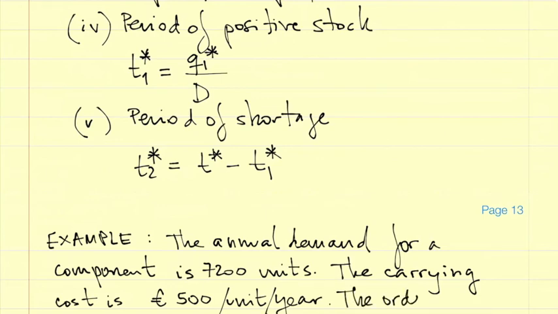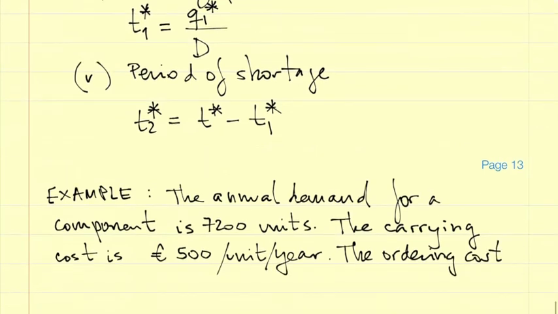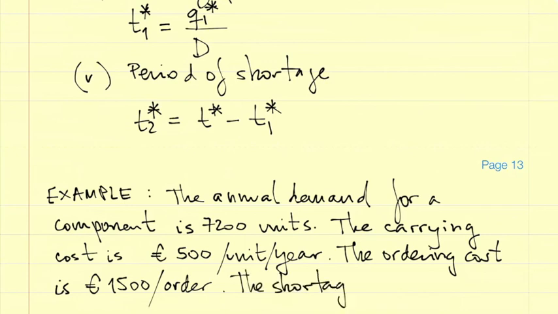The ordering cost is 1,500 euros per order. The shortage opportunity cost is 2,000 euros per unit per year.